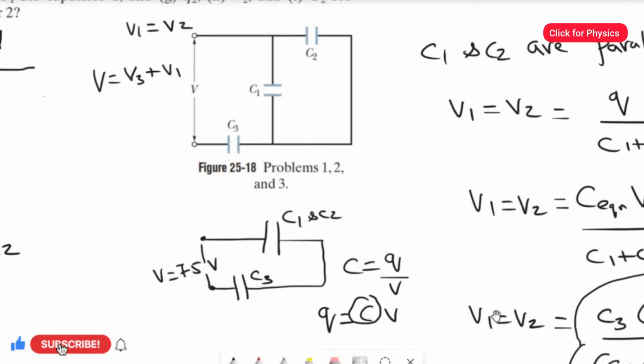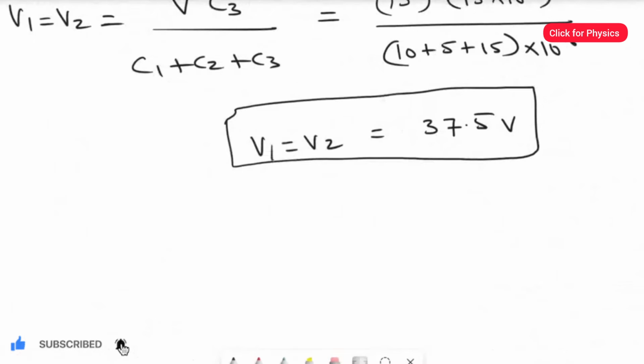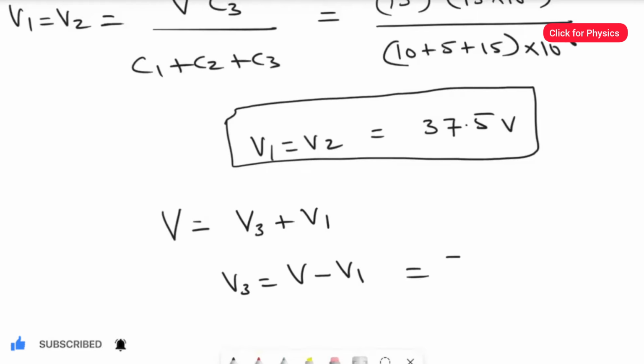So I'm going to write this equation one more time here. The total potential across the entire three capacitors is equal to V3 plus V1. Now we are going to find the answer for V3. So V3 is equal to V minus V1, and V is 75 volt minus V1, because V1 and V2 take the same value, 37.5.